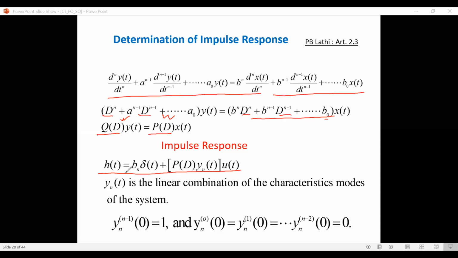Okay, can you give some example of this type to me from your knowledge of control systems? When can a delta be there in the impulse response? Sir, when there is a sudden force applied.